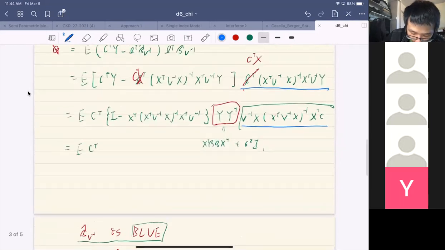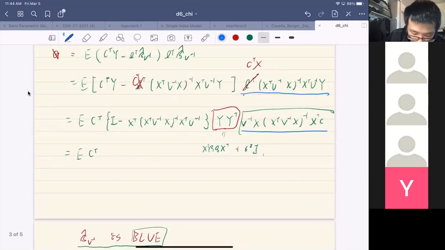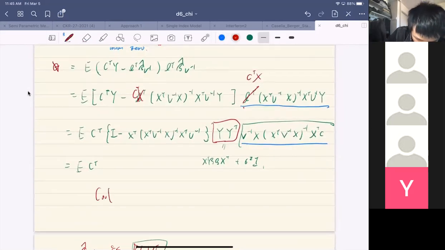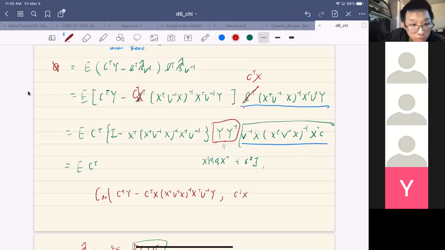So maybe I should use covariance. Minus C transpose X. And try to obtain.